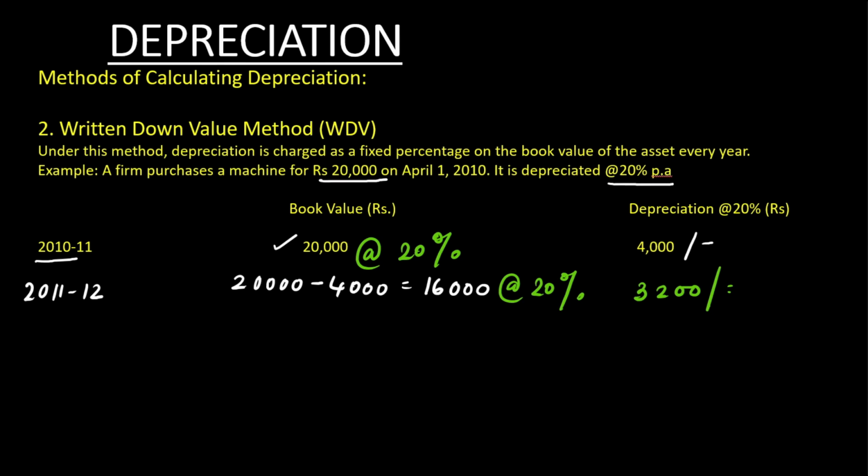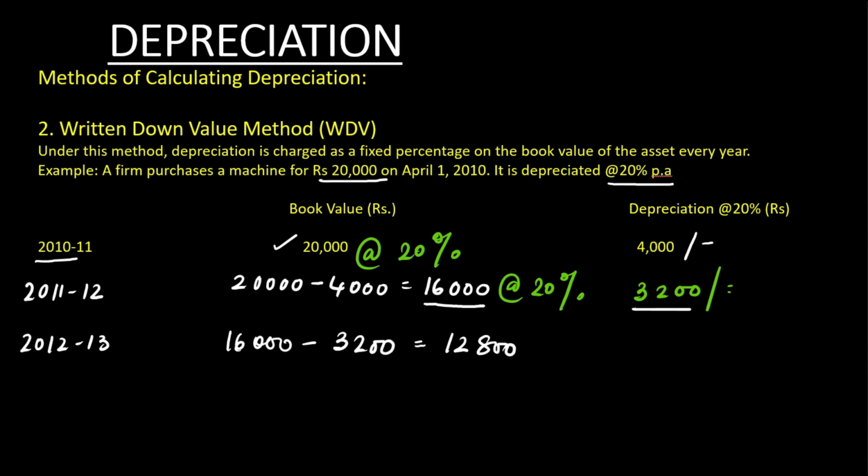Then what happens next year, 2012-13? We will not take the original cost, we'll take the written down value, that is 16,000 minus 3,200, which gives me 12,800.